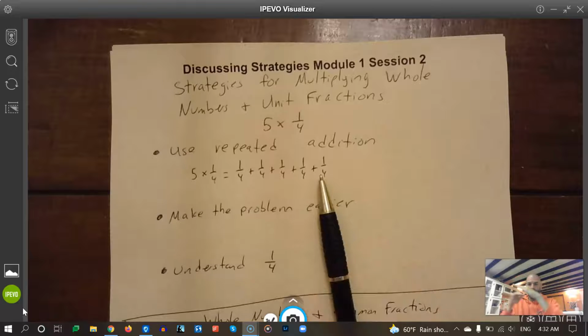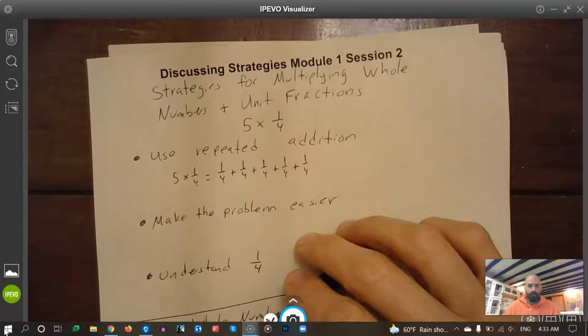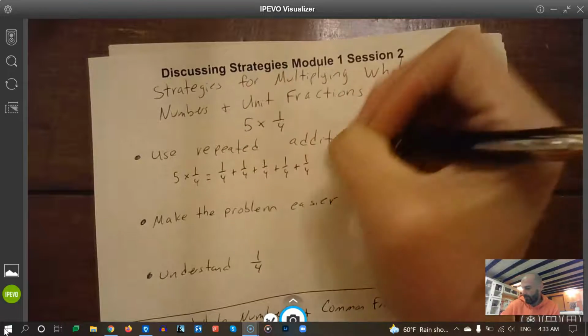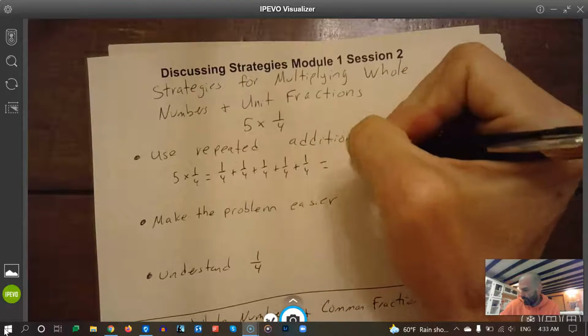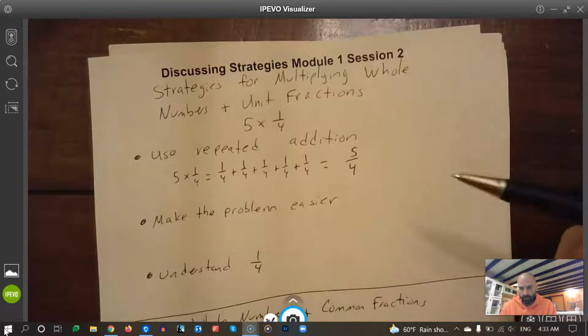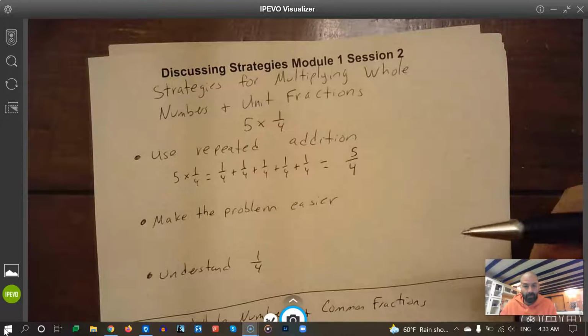Well, remember, when our denominators are the same, then we can just add the numerators together. So now we're going to add those numerators together. 1, 2, 3, 4, 5. So 5 times 1/4 equals 5/4.